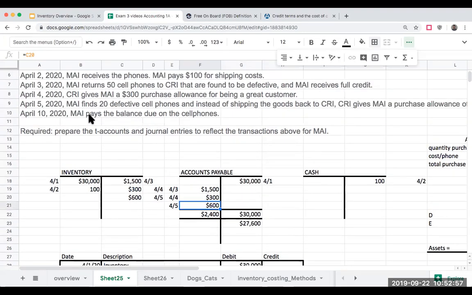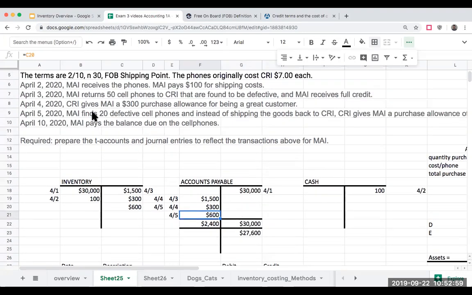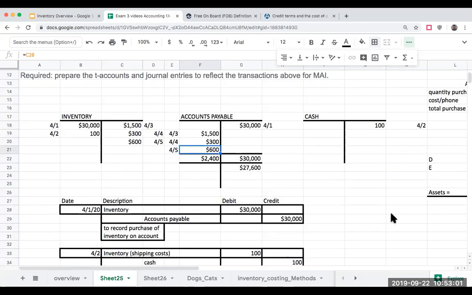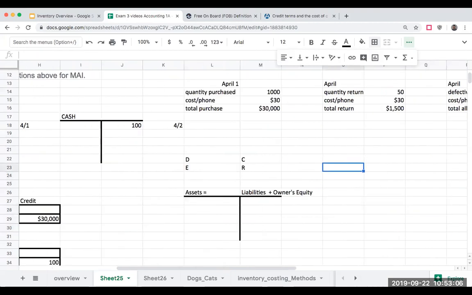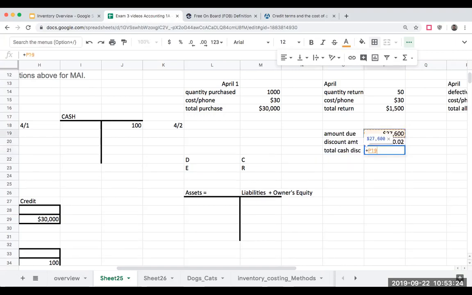So the amount I owe is $27,600. Because I'm paying on April 10th, and that's within 10 days of the transaction, the amount due is going to be $27,600. My discount amount is going to be 2%. So the total cash discount is going to be $27,600 times 2%, or $552.